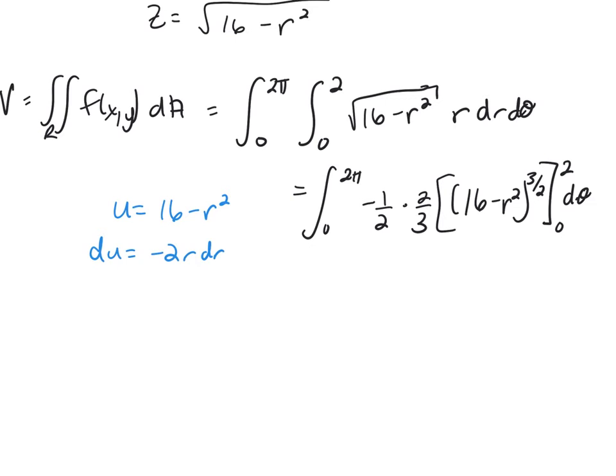So here, if I simplify my constants, it would be a negative 1/3, which I'll just pull out in front. The integral from 0 to 2 pi. If I plug in 2, I'll get 12. 12 to the 3/2 power minus, plug in 0, it'll be 16 to the 3/2 power.